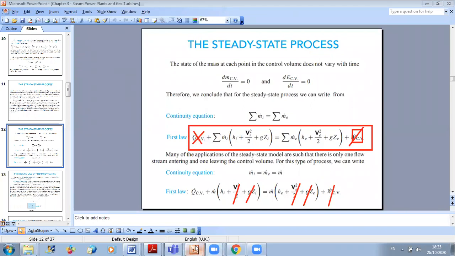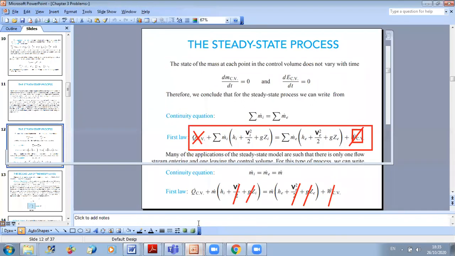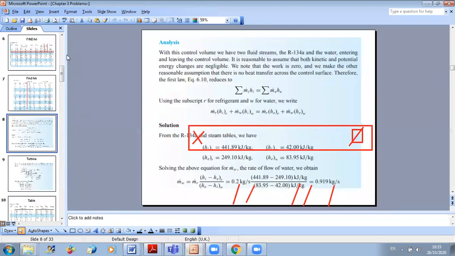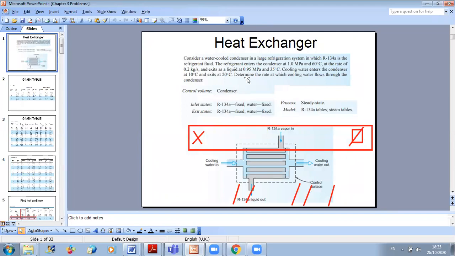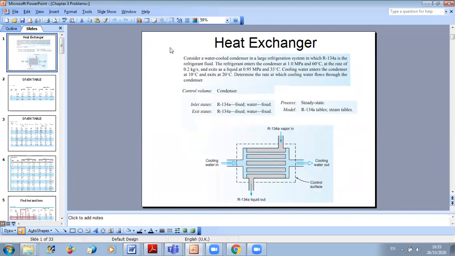Going back to the problem, the best idea here is to take the control volume including the two fluids, like this. Because as I said, if you don't include the two fluids, you will add an additional unknown, which is the transfer heat rate between them.